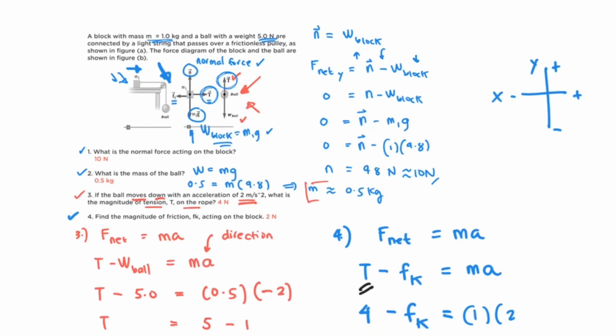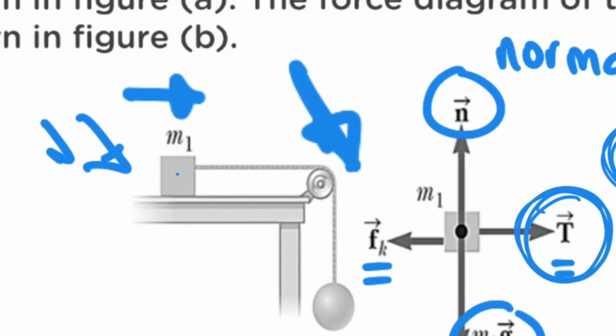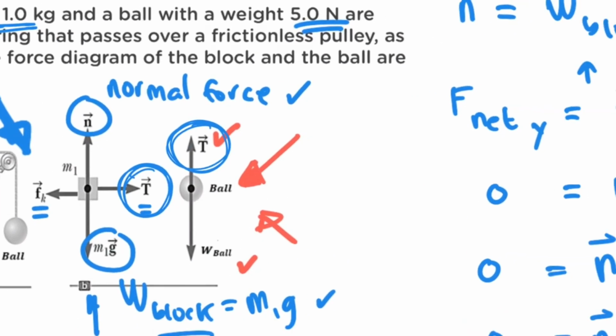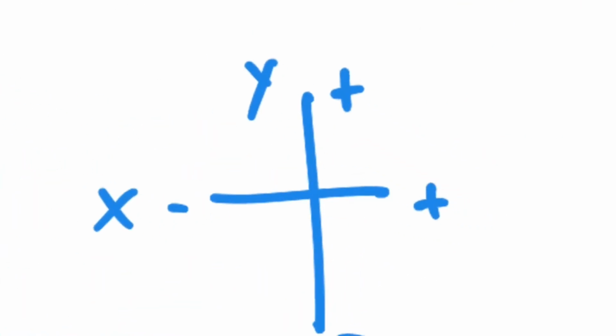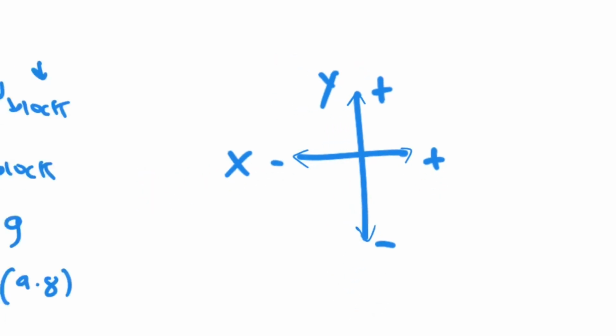But in this case, it's going to be positive because this mass right here is going to the right. And again, by convention, if it goes to the right, it's going to be positive. If it goes to the left, it's negative. Up is positive and down is negative.